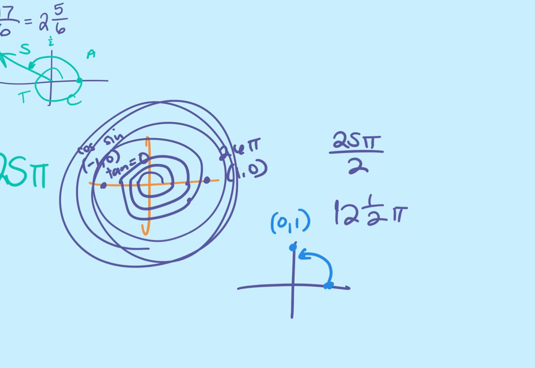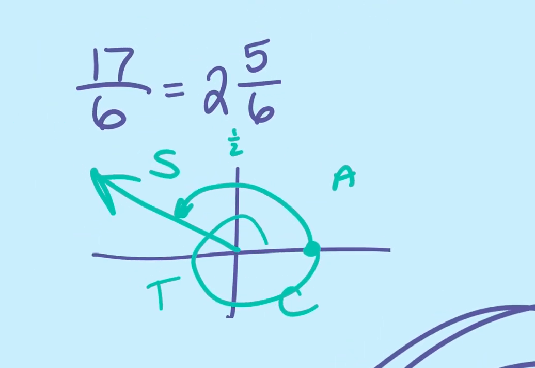So I had a question. The 17 pi over 6. Yeah. You get 2 and 5/6. Would you be able to just use the 5 pi over 6? Yeah, because it's 2. Or 4 or 6 or 8. So you could find a coterminal. I'm saying, do you necessarily need the whole number?